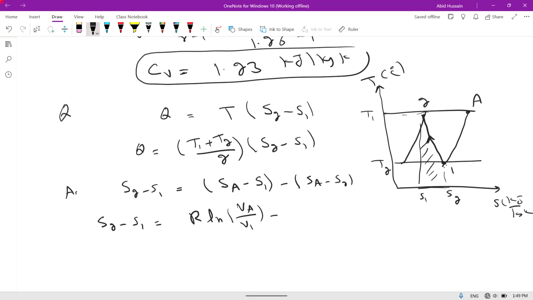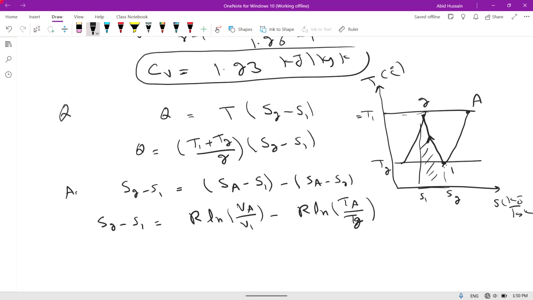Minus constant temperature line is R natural log of TA divided by T2. So here T2 and T are equal.